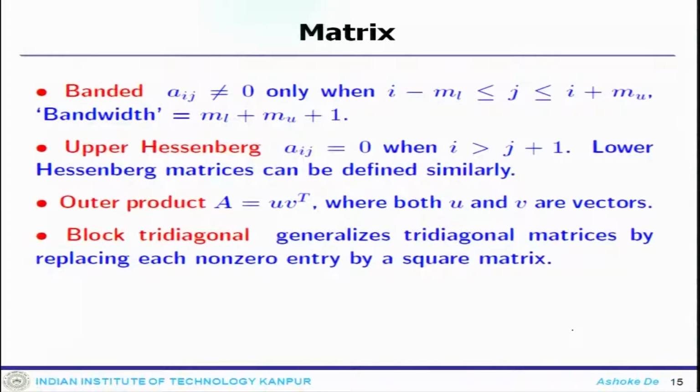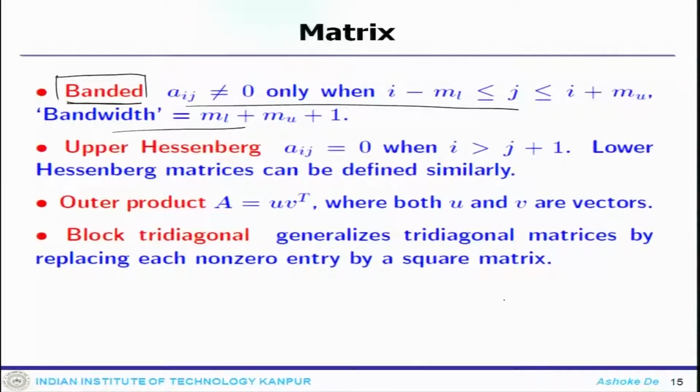This is the definition of the banded system. It is a mathematical definition which you can find in any linear algebra book, but what is important again is the idea of the banded system.